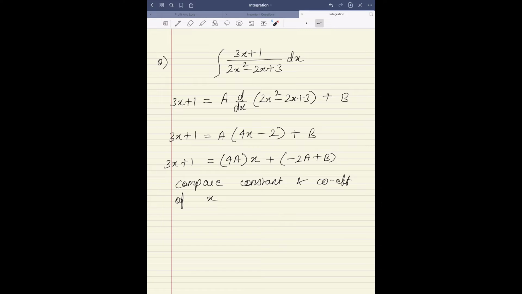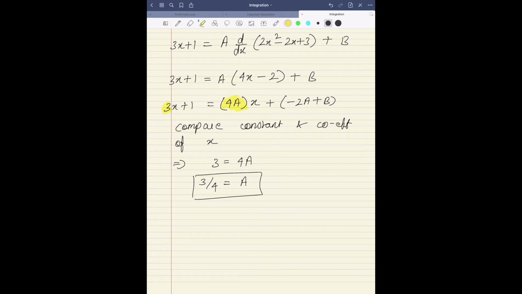So if you see here, let me color code this. 3 and 4a have to be equal in order for the left hand side and the right hand side to be equal. So this implies that 3 is equal to 4a, and this is by comparing the coefficient of x. So what do we get? We get a as 3 by 4.